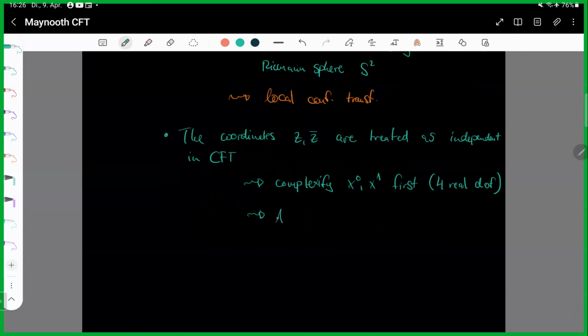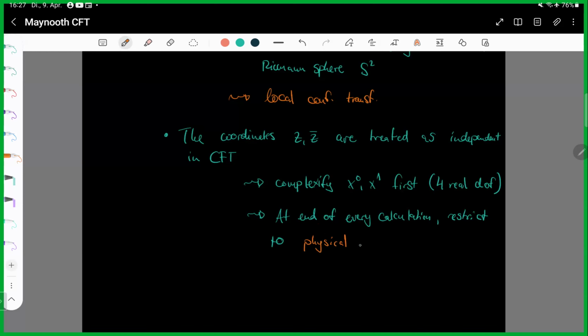And then at the end of every calculation which leads to some physical result, you should restrict to what's called the physical or the real surface.